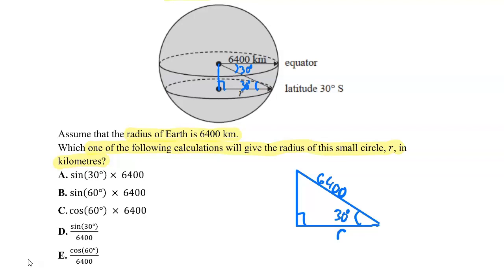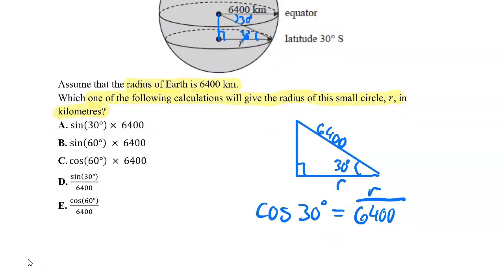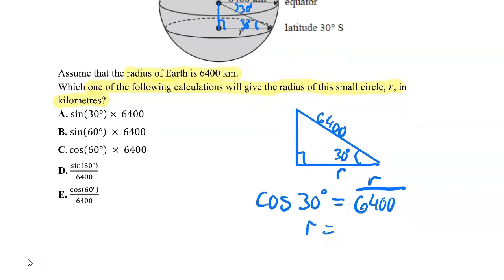So that would be cos 30 degrees equals R on 6400. So R equals 6,400 times by cos 30 degrees. Now, if we look through here, none of those are options.